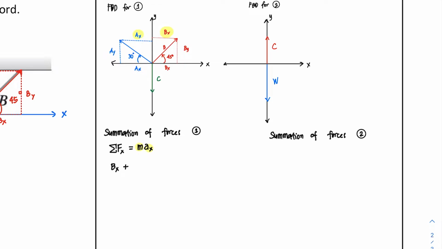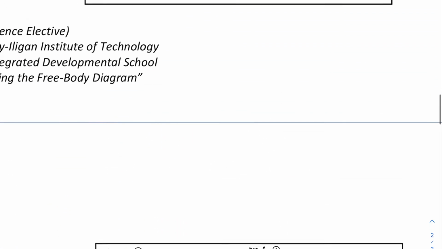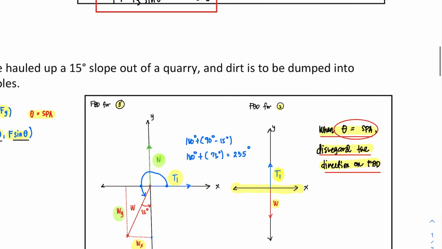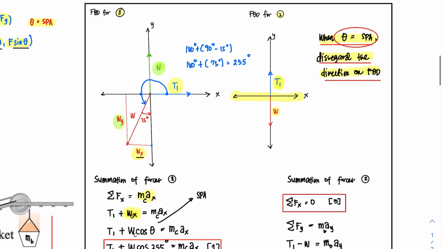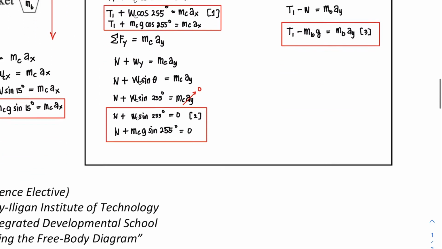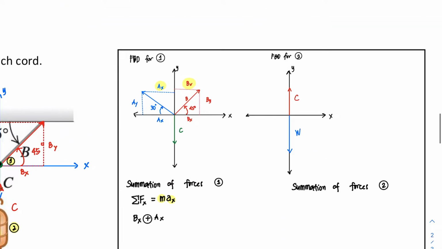Take note, I will just write A sub x instead of writing it as a negative because I will be utilizing SPA. If you recall from problem B, whenever you measure theta as SPA, you disregard the direction of the force on your free body diagram. That is exactly what I'm doing here.